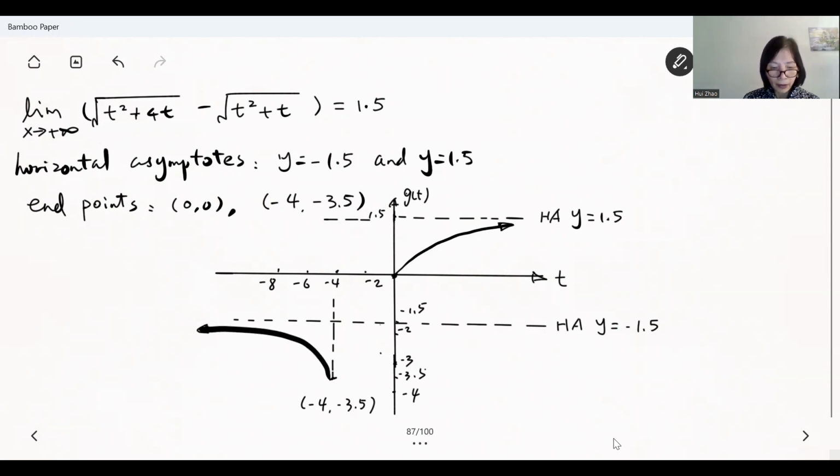The second branch, okay, like that. And the function is right here, g(t) equals the square root of t squared plus 4t minus the square root of t squared plus t, right? This is the solution for B.